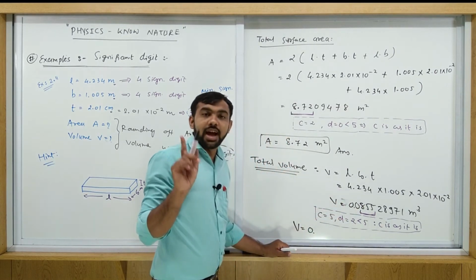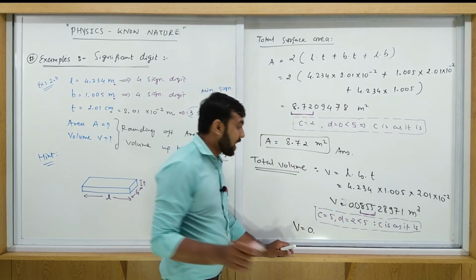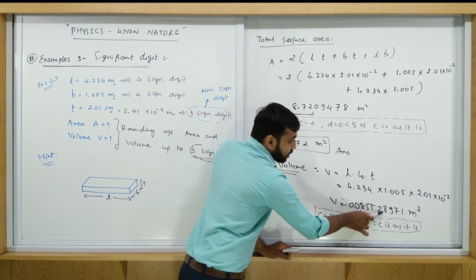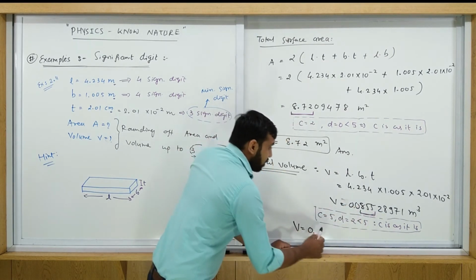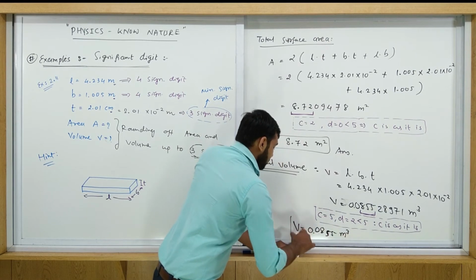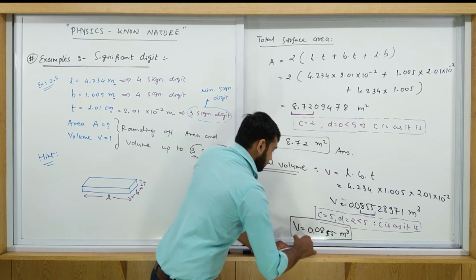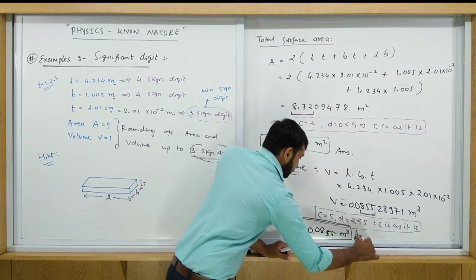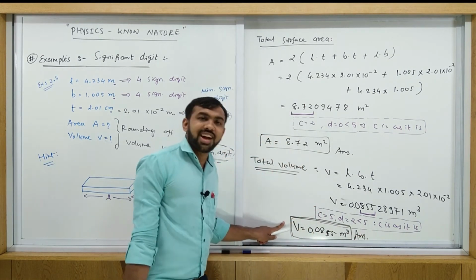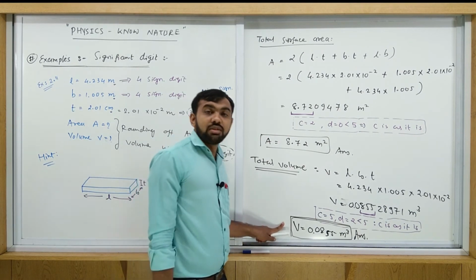So 5 is as it is. Here no change. Why? D is equal to 2. Whatever the digit after this, it is equal to 2. So 0.0855 meter cube. This is our answer. This is not a correct answer. This one is a correct answer because we just consider the significant digits.